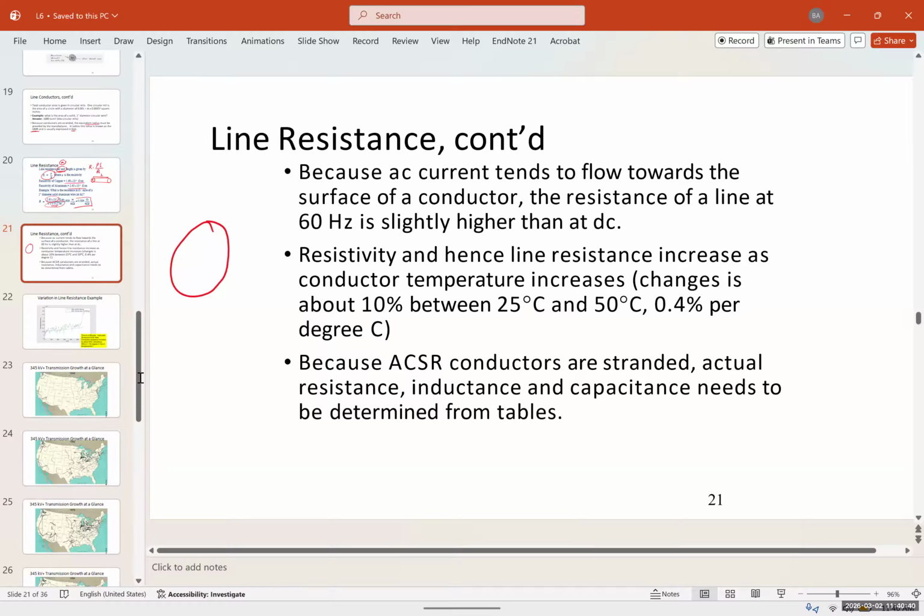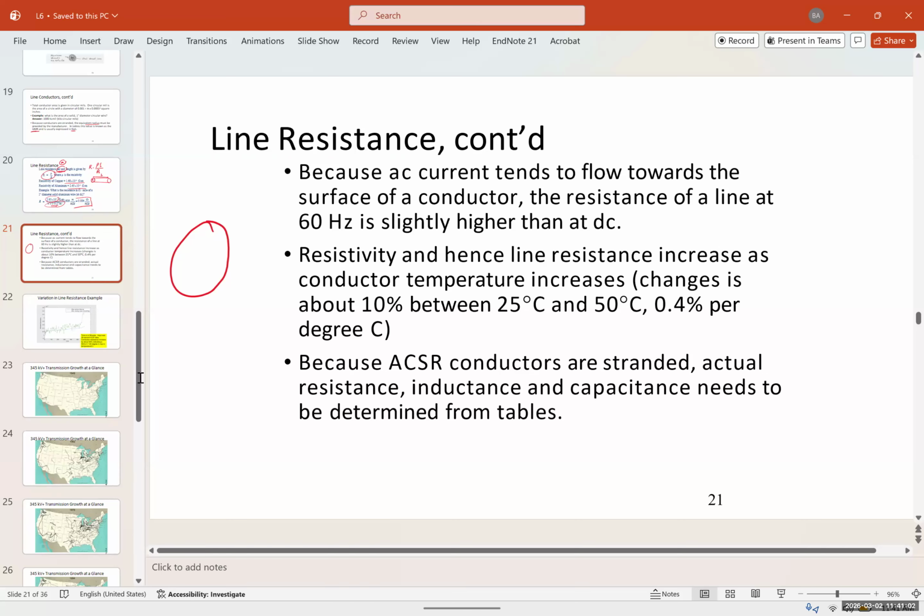The change is about 10% between 25 degrees Celsius and 50 degrees Celsius, and 0.4% per degree Celsius. But it's not linear. When it gets too hot, it goes up exponentially. I'll give you the graph for it in the next slide.